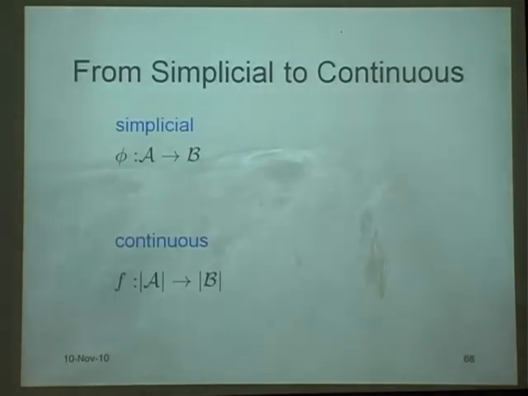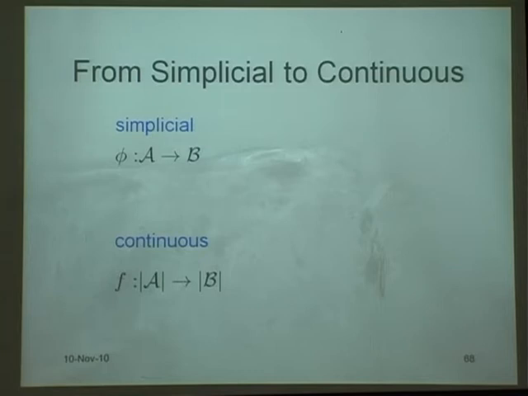So the natural thing to talk about when you're talking about maps between combinatorial complexes is a simplicial map, which is just a map that carries vertexes to vertexes and also carries simplexes to simplexes. And when we're talking about point sets, the natural thing to talk about are continuous maps. And we're going to be opportunistic in moving back and forth between combinatorial and continuous things. Some results will be easier to prove in one domain and others in another domain.